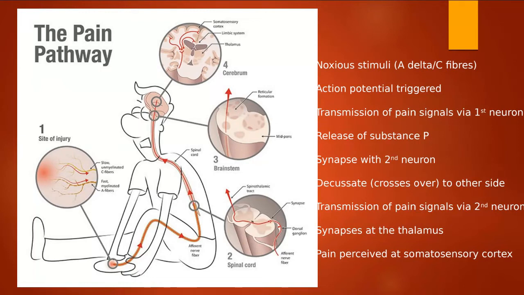So it passes the brainstem, the midpons, the reticular formation until it reaches the thalamus. And at the thalamus, like I said, the second neuron synapses with the third neuron and sends the pain signal to the somatosensory cortex. And that's how we perceive pain.